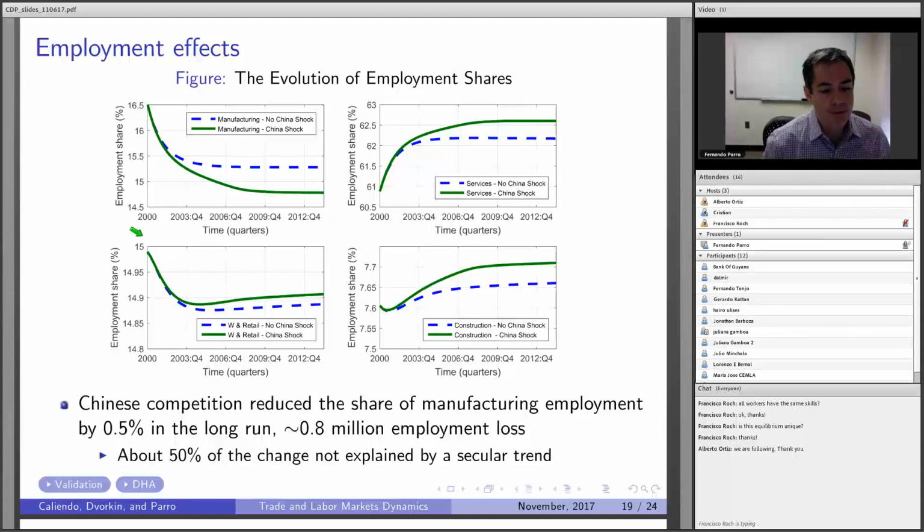This is different from traditional macro literature, because the way we solve the model using observed data for the initial allocations, we don't need to assume that the model is in a steady state, and it's very likely that the economy is not in a steady state in a given year. For that reason, you can see with the dashed blue line that you still see transitional dynamics even when we assume constant fundamentals.